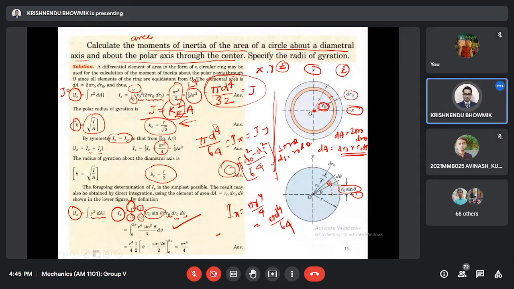You might have the same overall cross section, one solid, one hollow. The hollow one will give a higher value of J, or Iz, or Ix or Iy, so more resistance. That's why we often use a hollow shaft, first to reduce the self weight, and second to give more resistance against torsion or bending.